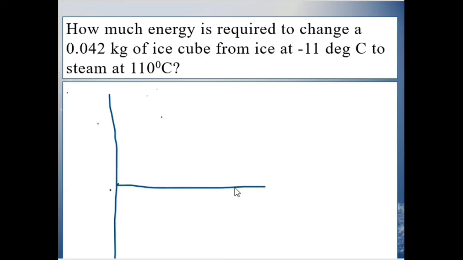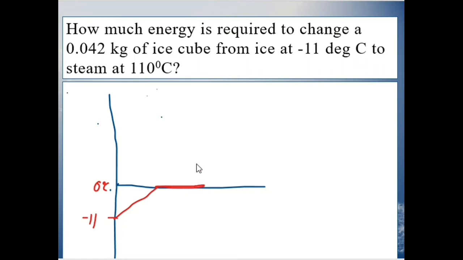Okay, for example, you have here the graph. It has started from negative 11 degrees Celsius, and then it will absorb heat until it reaches 0 degrees Celsius. Here, there will be melting. So our graph is flat, since the temperature will not change during phase change.